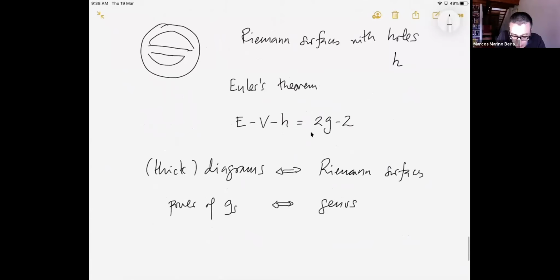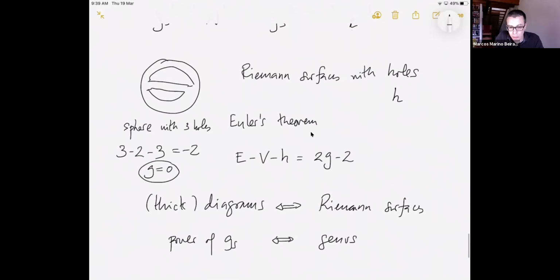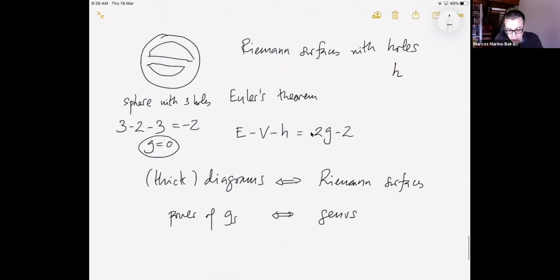The diagram clearly represents a sphere with 3 holes, right? And you can see that here e is 3, the number of vertices is 2, and there are 3 holes. So 3 minus 2 minus 3, which is this quantity here, is minus 2, which corresponds precisely to g equals 0. So this is really a Riemann surface which is a sphere.